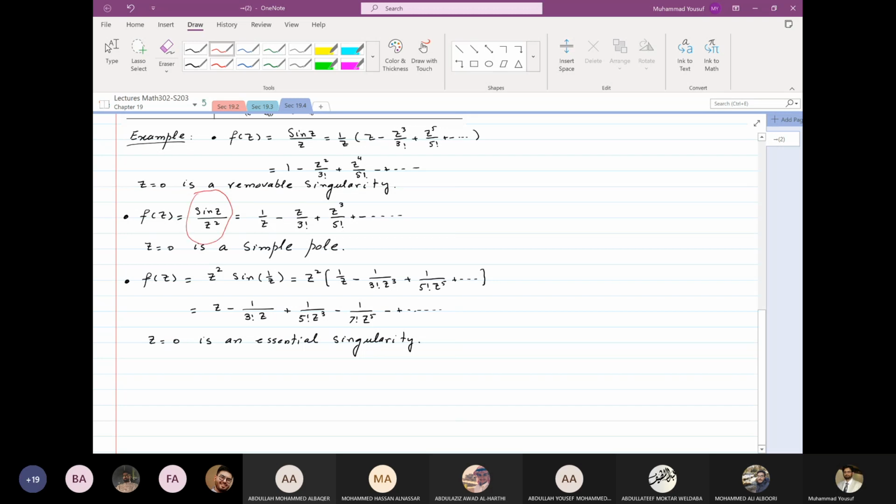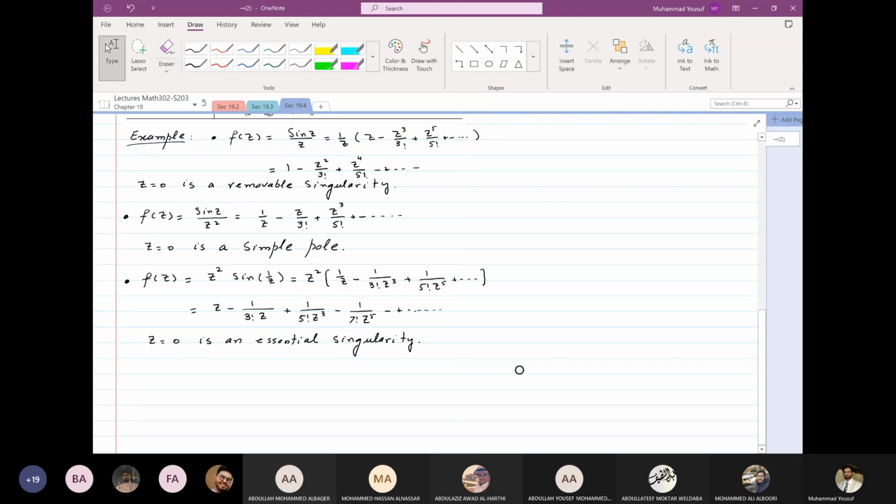You see I circled sine z over z square in red color. If in the denominator we do not have z power 2, we have z power 3, then z equal to 0 will be a pole of order 2. And if we have z power 10, then z equal to 0 will be a pole of order 9, because after simplification, we will have 1 over z power 9.